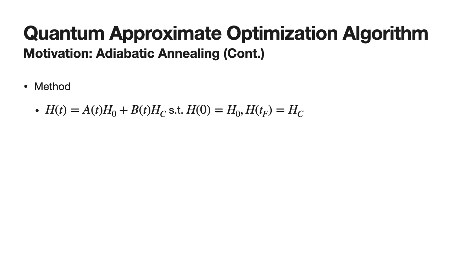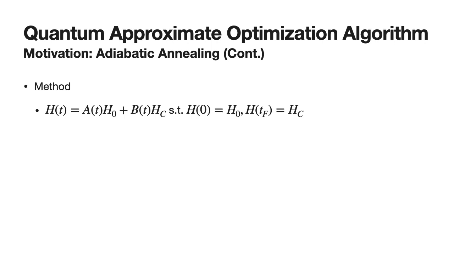Then we slowly interpolate, or anneal, the full Hamiltonian from the initial H0 to the final HC according to some schedule H(t), which is equal to A(t) times H0 plus B(t) times HC.